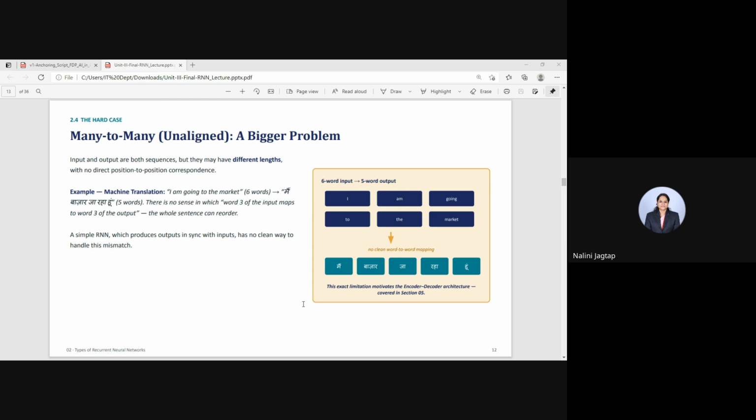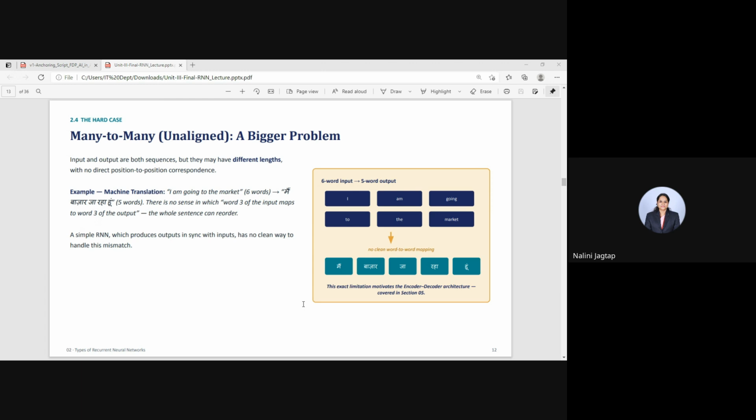I hope you have understood the many to many unaligned problem, where input and output positions are different and there is no direct mapping of every word to word. The whole sentence structure can reorder. So simple recurrent neural networks, which produce outputs in sync with the inputs, have no clean way to handle this mismatch.